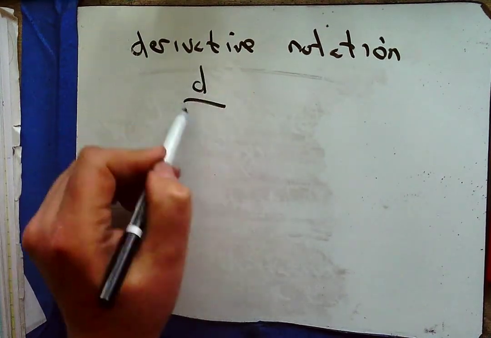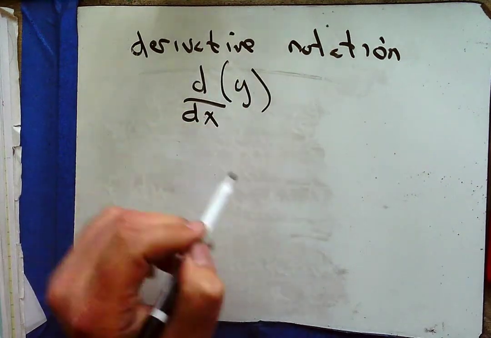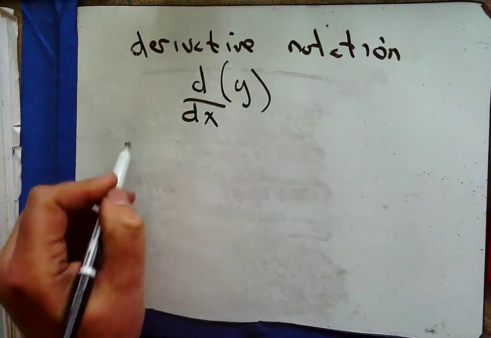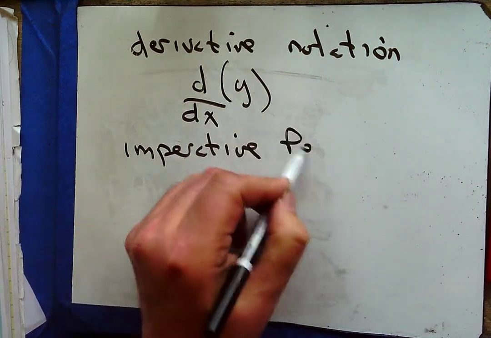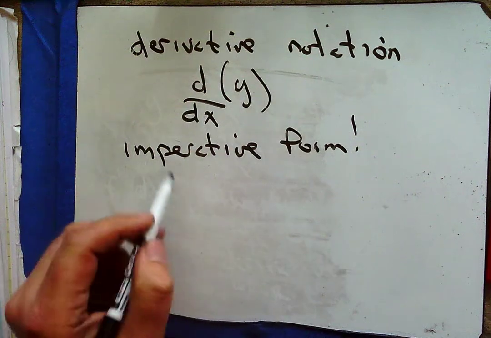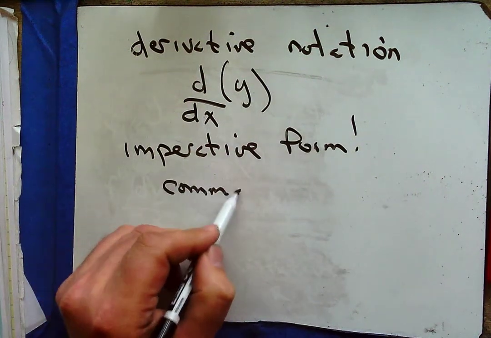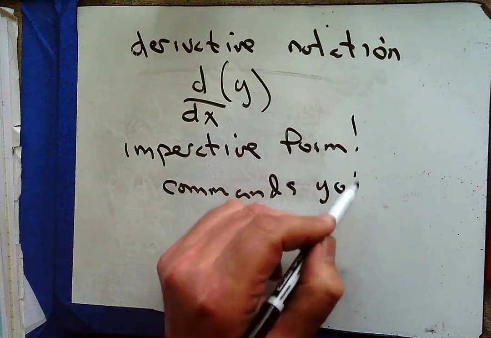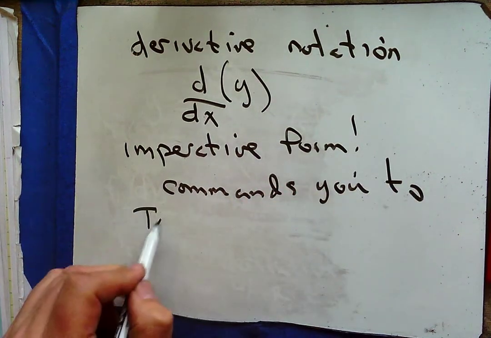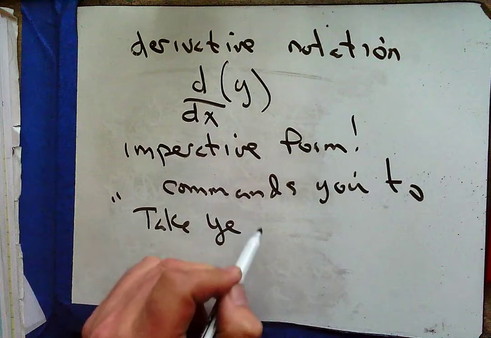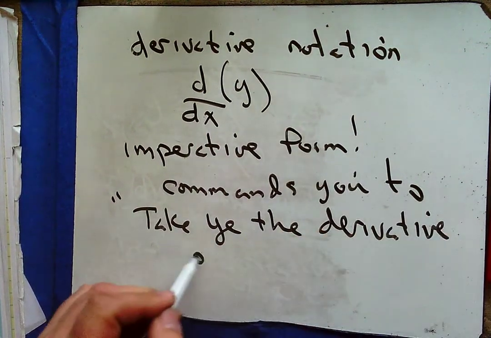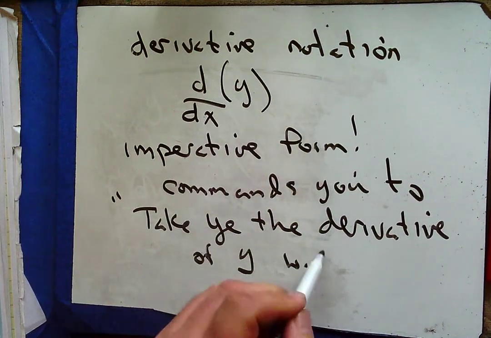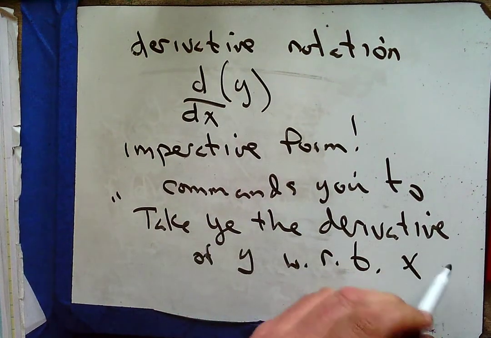Well, there's also a verb form. d dx y. When I see this, this is the imperative form, the command, and it commands you to take the derivative of y with respect to x.